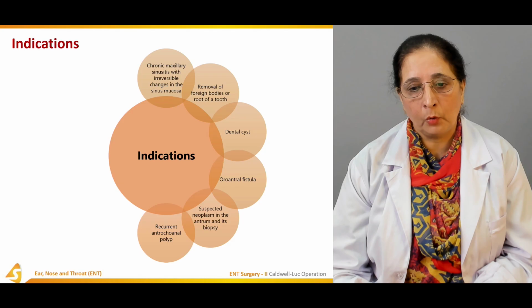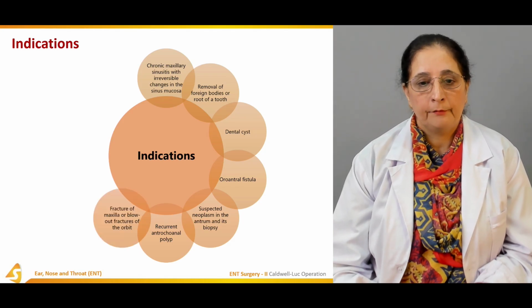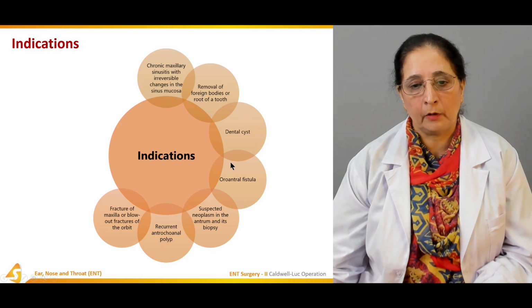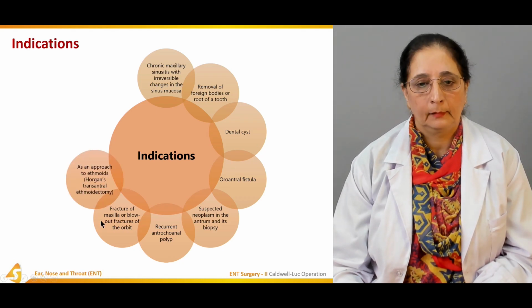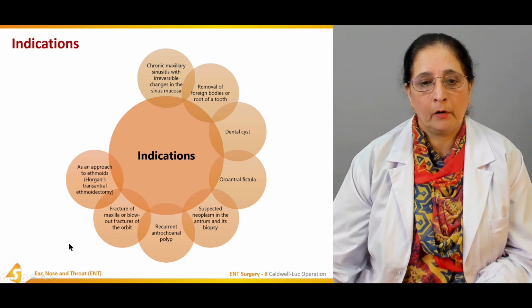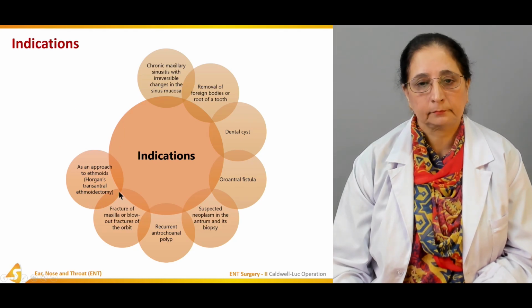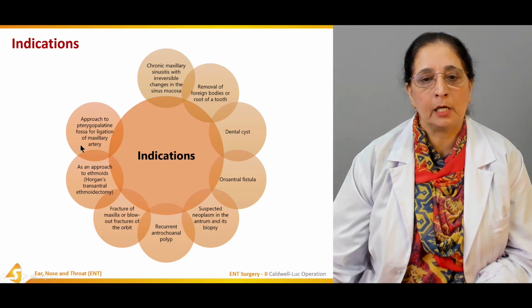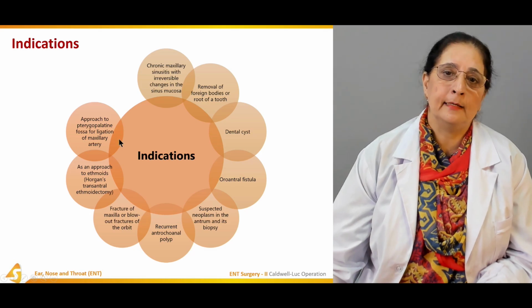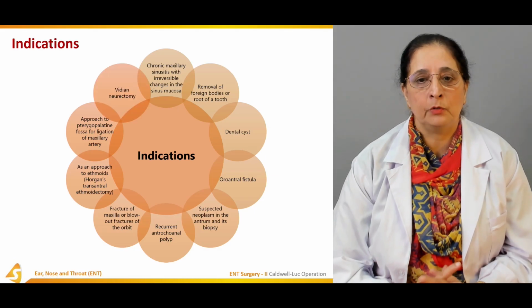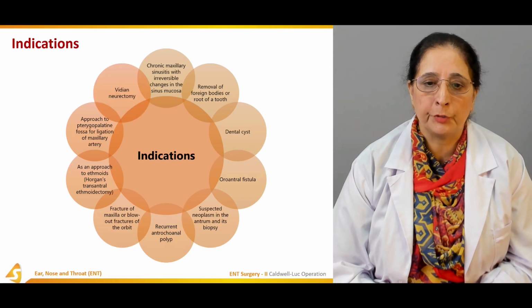Recurrent antrochoanal polyp, fracture of the maxilla or blowout fracture of the orbit. As an approach to the ethmoid, Horgan's transantral ethmoidectomy. Approach to the pterygopalatine fossa for ligation of the maxillary artery, and also for Vidian neurectomy.